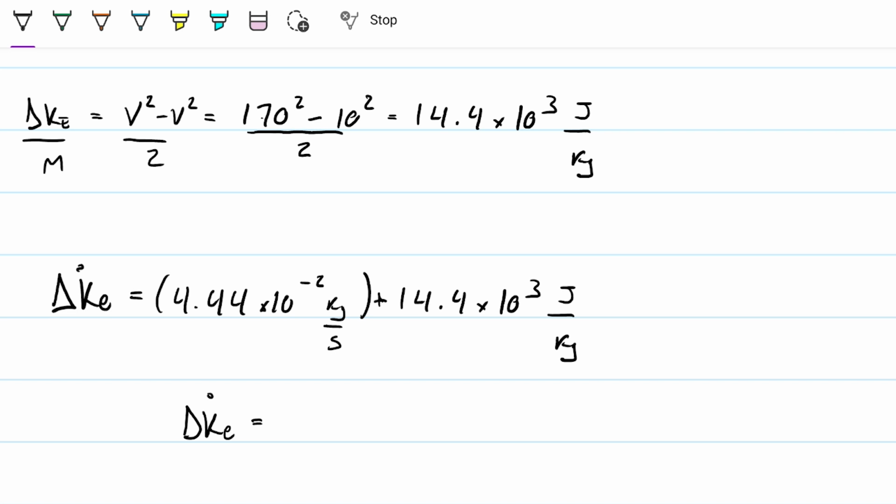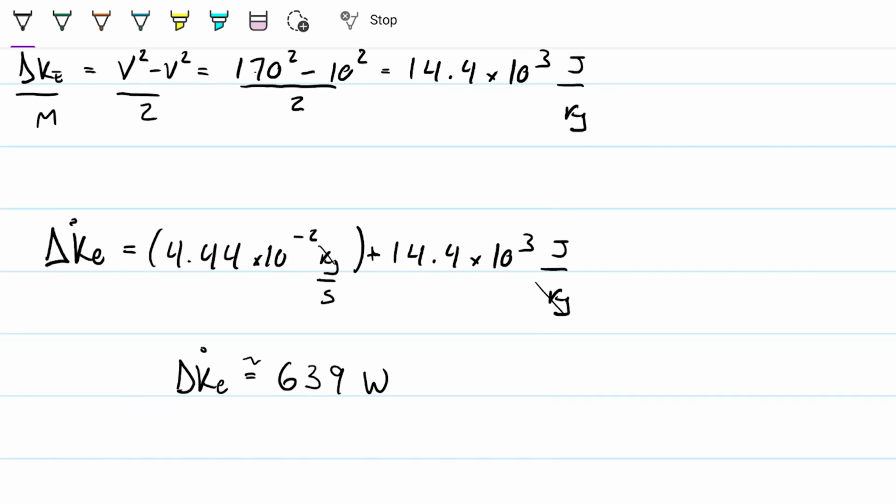And that gives me 639.36. So let's go ahead and approximate that to 639 watts. Okay, so kilograms and kilograms cancel, joules per second, that's the same thing as a watt.